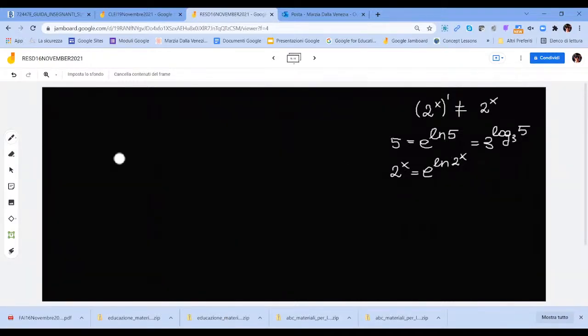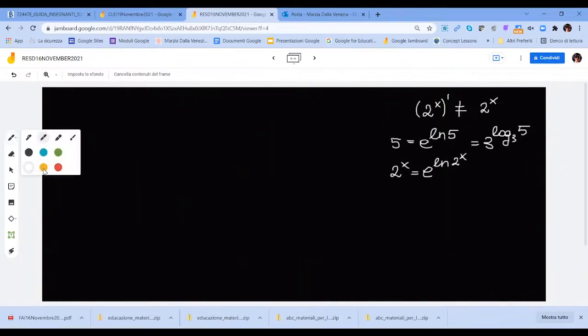So this x can be seen in this new position. That means e to the x times the natural logarithm of 2. That is a number, as 3, as pi, as everything.